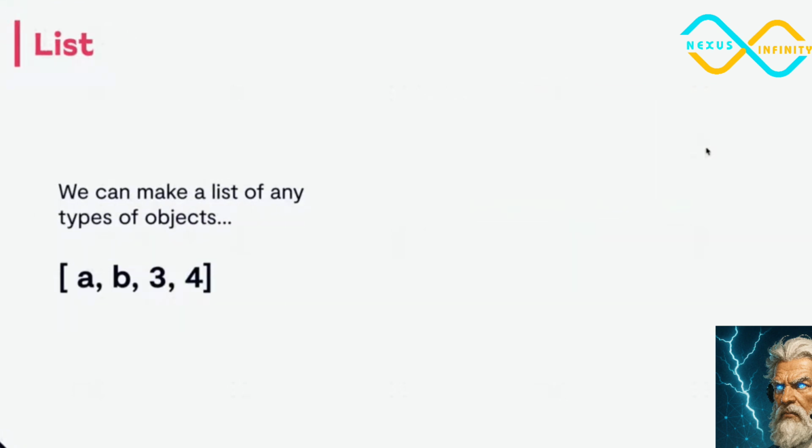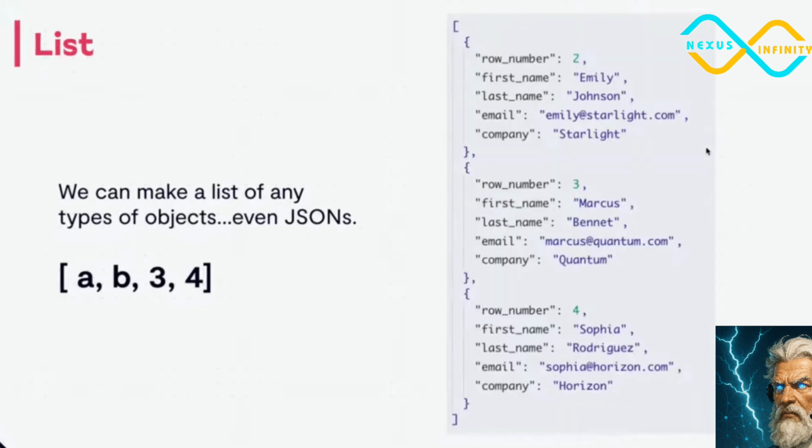Lists are simply a collection of objects. We can have a mix of letters and numbers. We could have a list of any type of objects, and as you can see here, written between square brackets and separated by commas. And because JSONs themselves are objects, we can obviously make a list of JSONs.